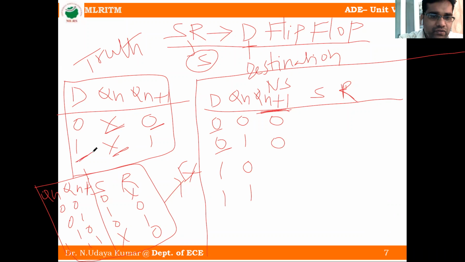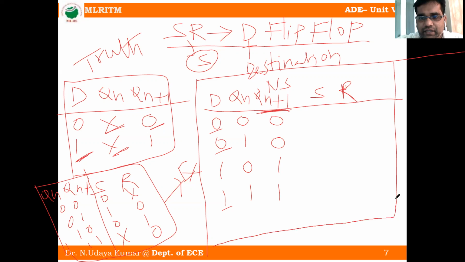Then if D is equal to 1, we get next state 1. Then we will find the SR equations. This one is the excitation table for the SR flip-flop.